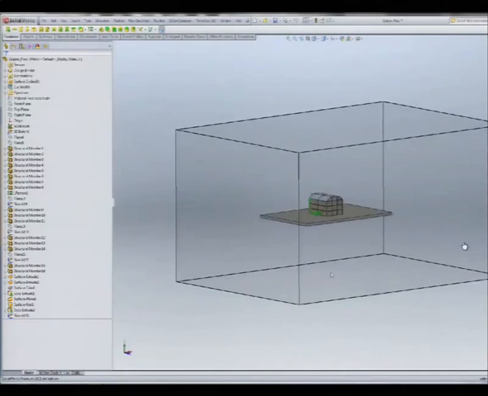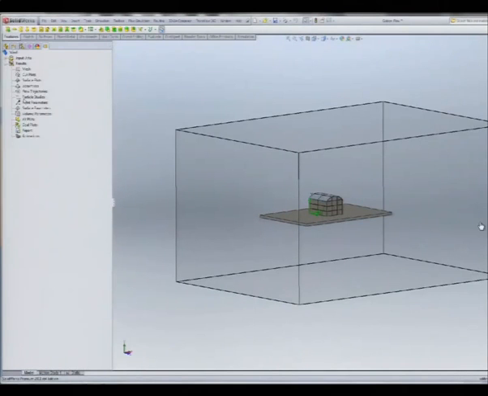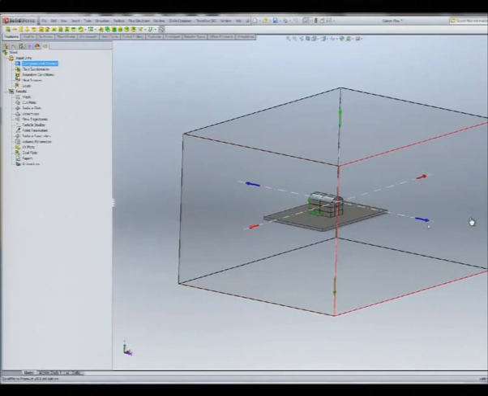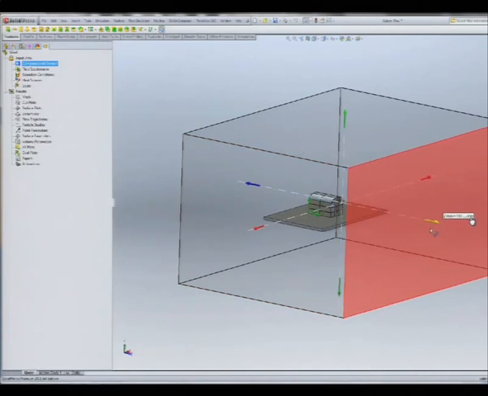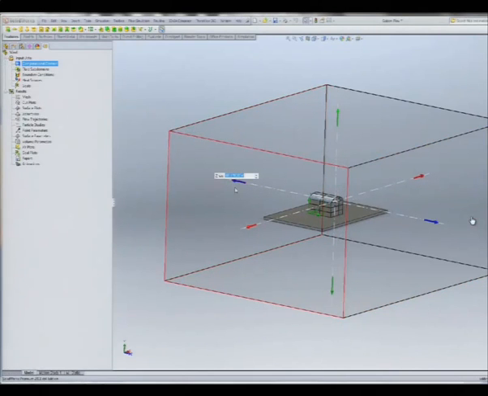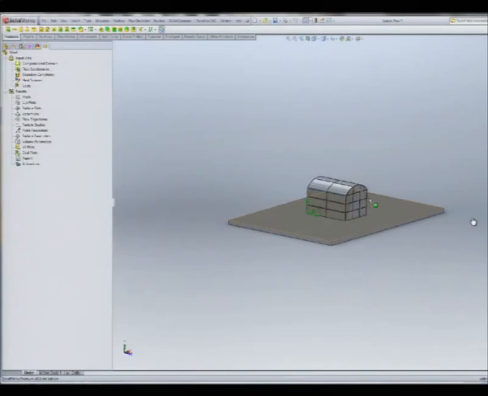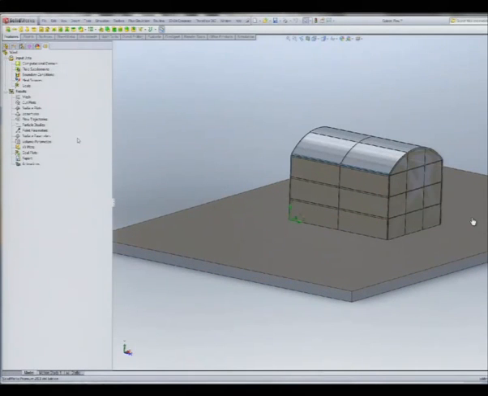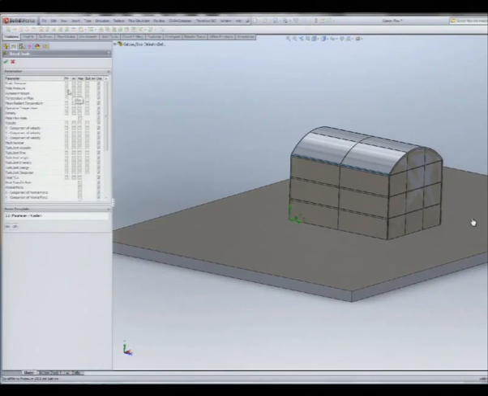What you see now, this black box, is the computational domain. That means that inside the computational domain, all the calculation will be done. So it's very important to understand how big the computational domain should be. Why? Because if the computational domain is not big enough, I will have a boundary condition perturbation, right?